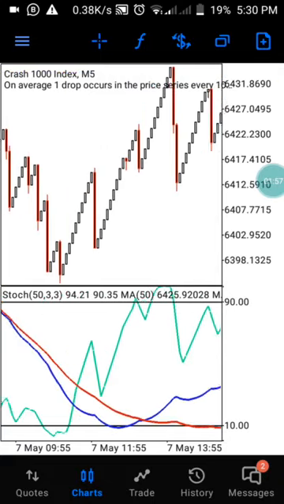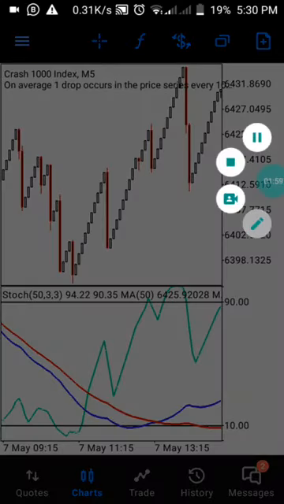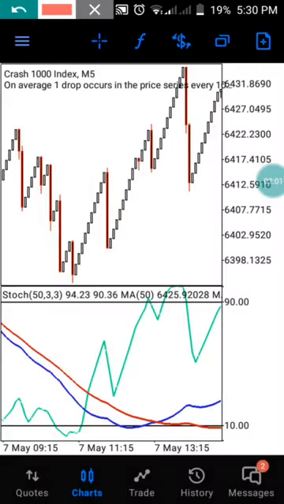When you want to apply this strategy, anytime your two moving averages are crossing the oscillator line, this is the right time for you to enter your trade. But before you can enter, you must confirm that your oscillator went below the 10 level, or is on the 10 level.